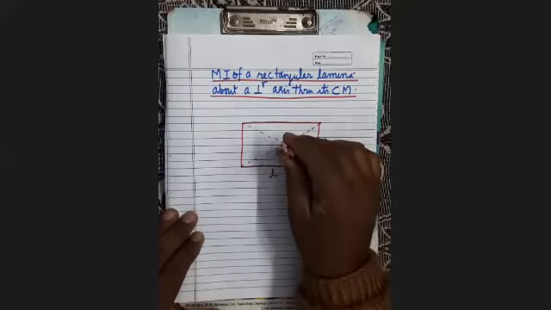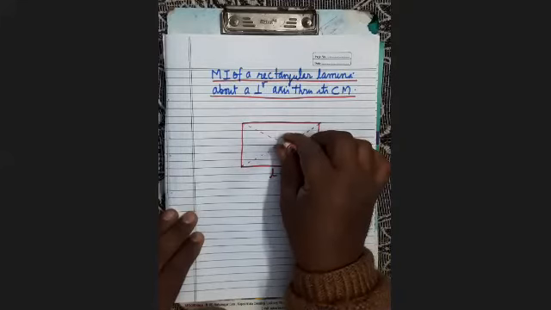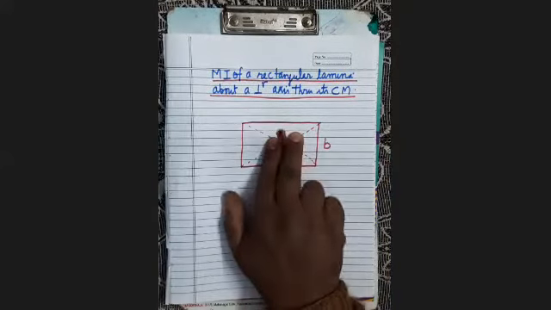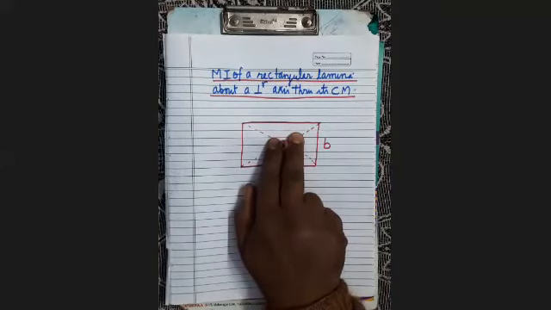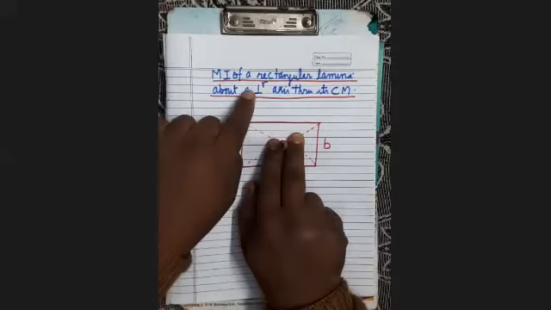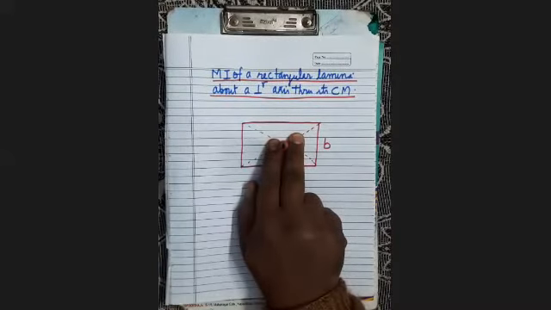We have to determine the moment of inertia about this axis, which passes through its center of mass and is perpendicular to its plane. Moment of inertia of the rectangular lamina about a perpendicular axis. Perpendicular axis means perpendicular to the plane of the rectangular lamina.